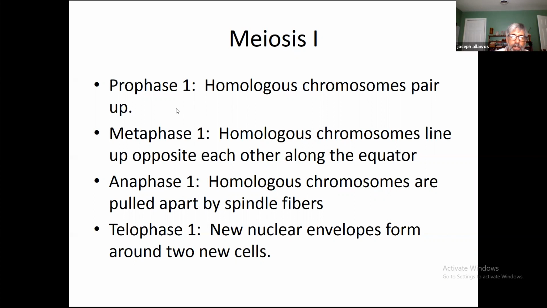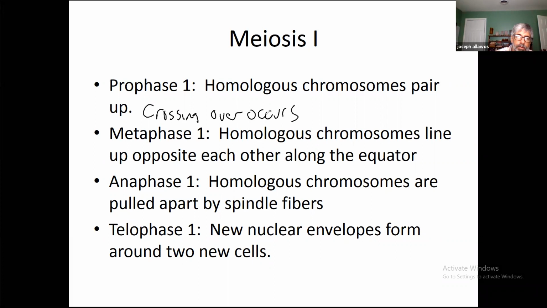Okay. I left out something very important right here. What did I leave out? Crossing over. Don't forget about crossing over. I'm going to write it in. Okay, very important.